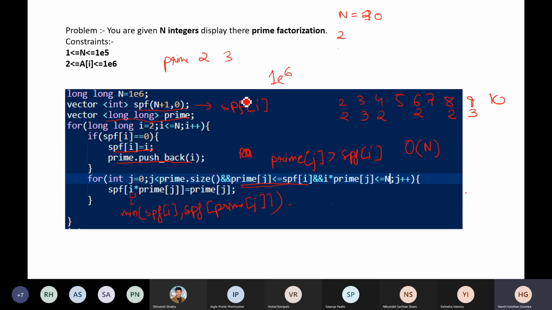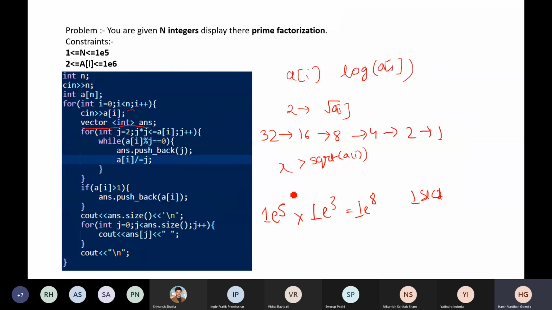I calculate the smallest prime factor. You could have done it in O of n log n using a sieve, iterating over all numbers and checking the minimum of SPF. Let's move to the sieve code once.